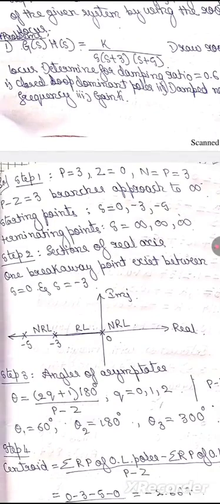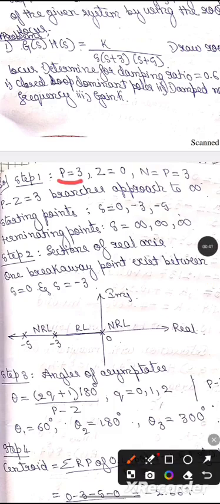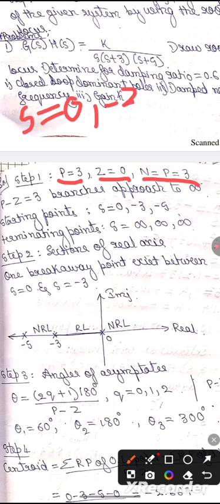So similar root locus steps. First, we need to find out the poles, zeros, number of branches. So here poles is s is equal to 0, minus 3, minus 5, right? So what is the formula for n?